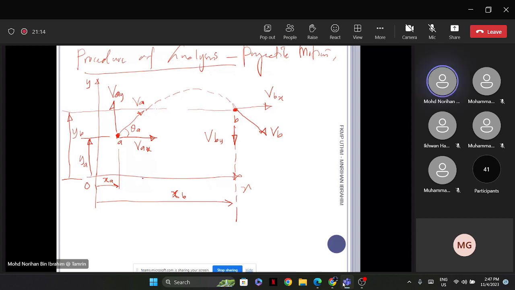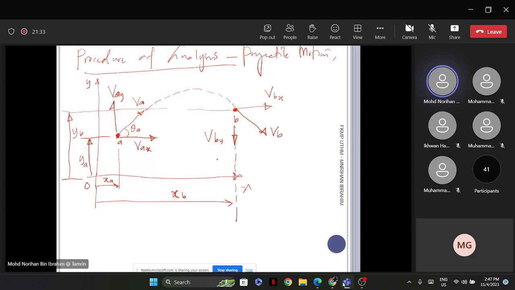Normally, the initial velocity is given in the questions. So we can try to find out the final velocity VB, and the time of flight from A to B, for example. This is what you need to establish first.